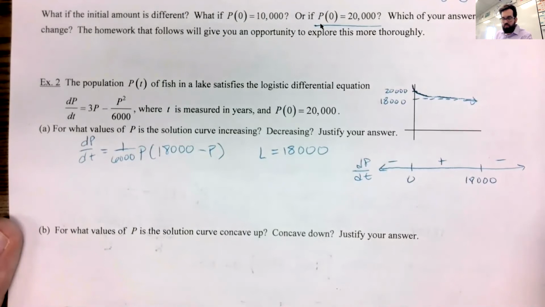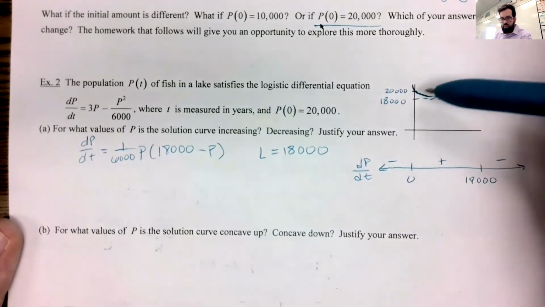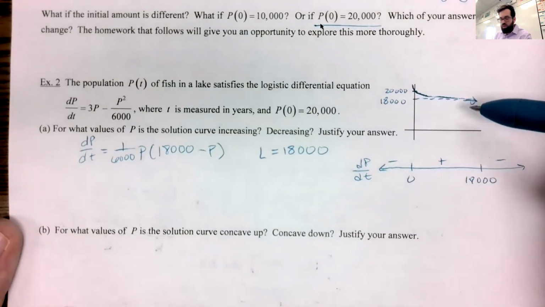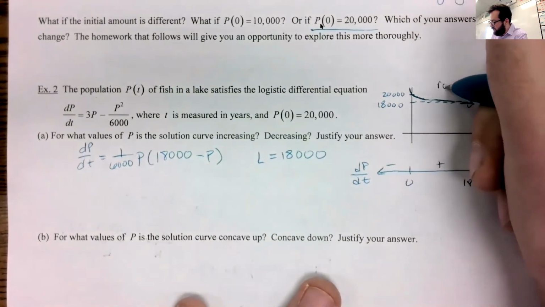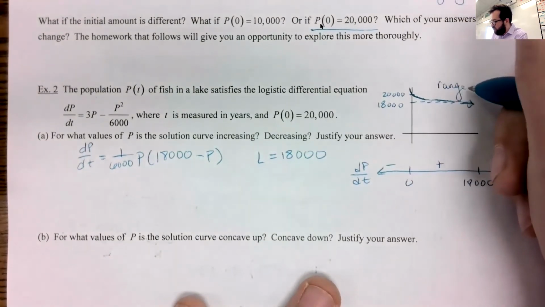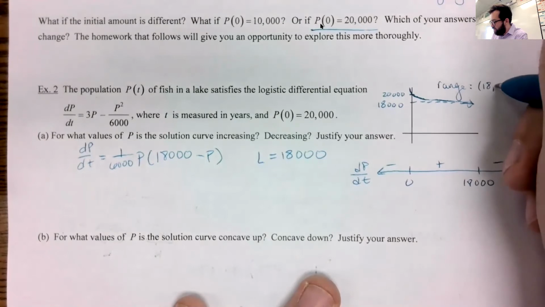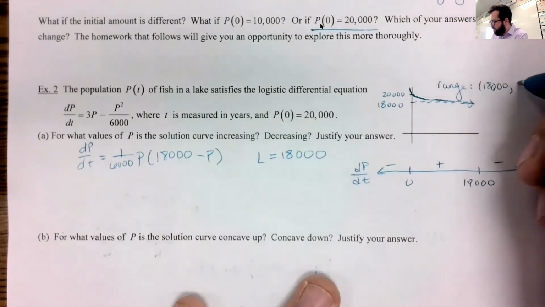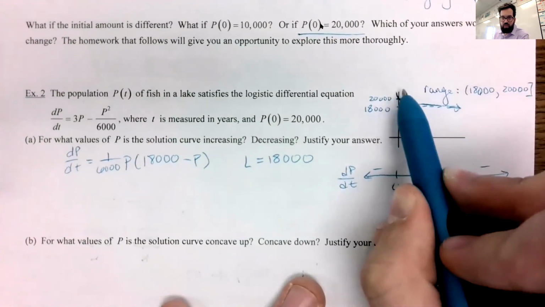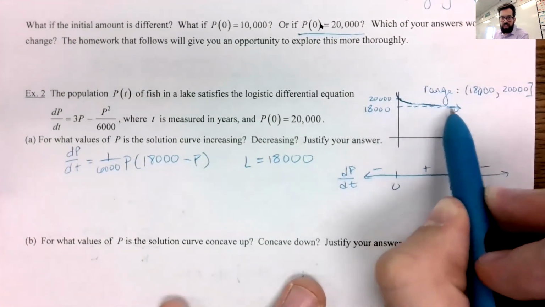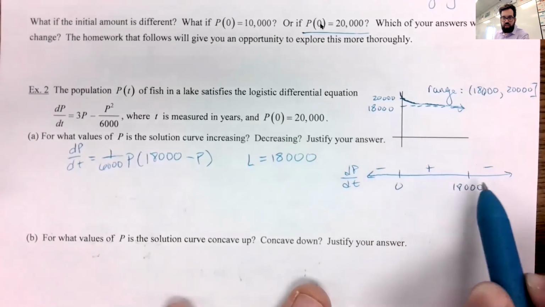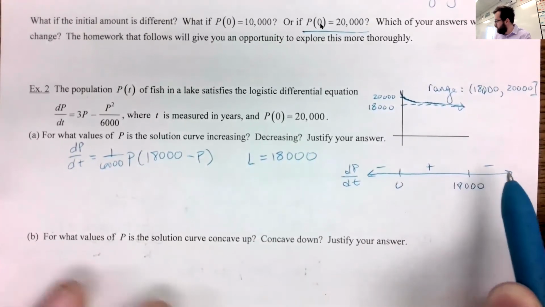Well, this time, if we take a look at this graph, the range that we're interested in only goes from 18,000 to 20,000. It stops at 20,000 because that's where we start. It never actually hits 18,000. So that's the only range we're interested in, so we're only interested over here.